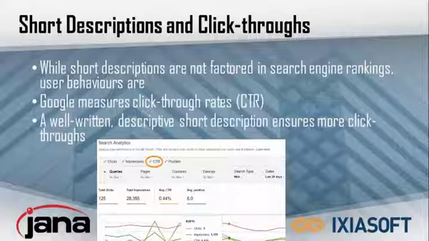So, while short descriptions are not directly factored into search engine rankings, in other words, where a page appears within the search engine results page, user behaviors such as click-throughs definitely are. And Google definitely measures things like click-through rates, which they call CTR. So a well-written, descriptive short description ensures that there are going to be more click-throughs, because people understand what the thing is, and therefore they're more likely to click on it.